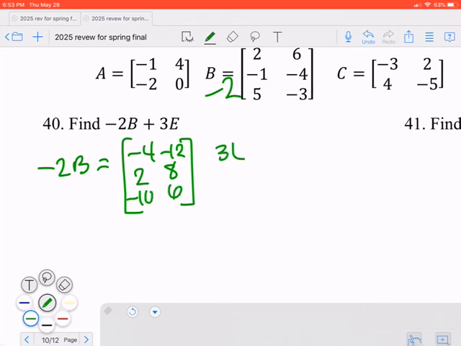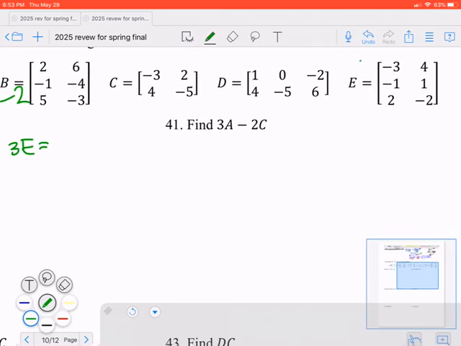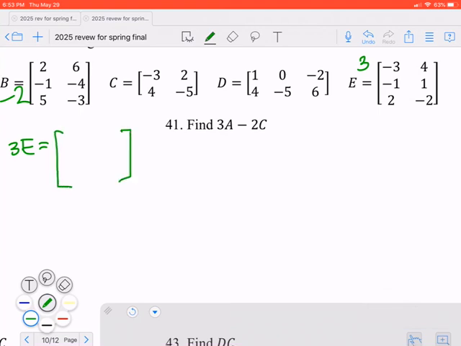And now I'm going to find 3E. So that's multiplying all of those by 3. Negative 9, 12, negative 3, 3, and 6, 6, and negative 6.